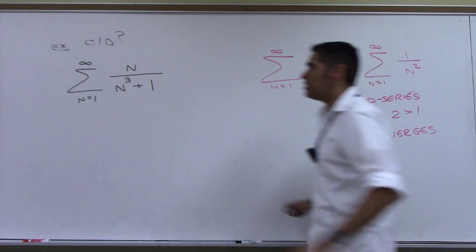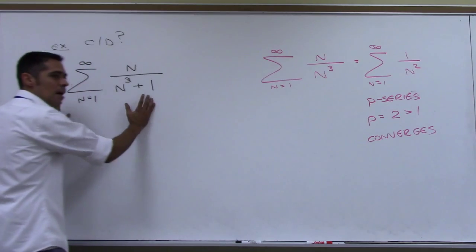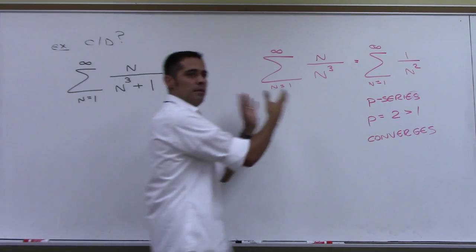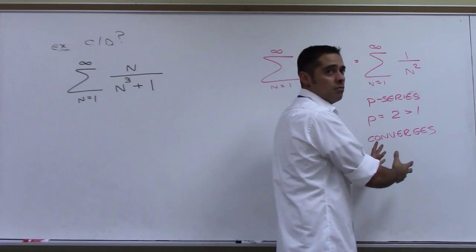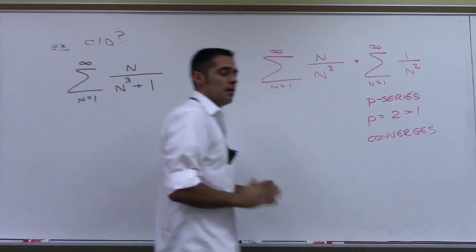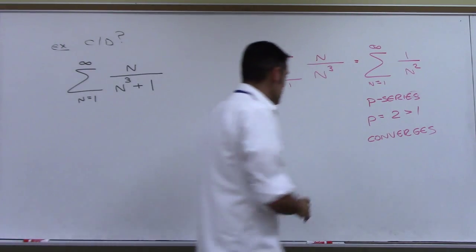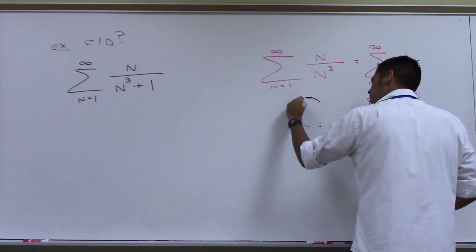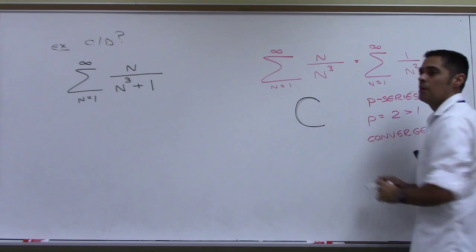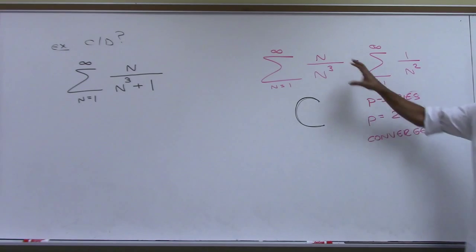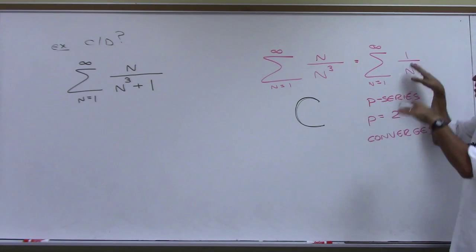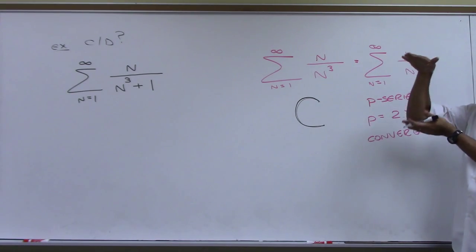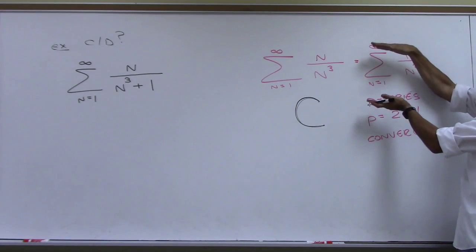Starting with the series that I don't really know what to do with, I realize it kind of looks like this one, which is something I do know, right? And I know it converges, right? Big C over here converges, right? So that means if I start stacking all these numbers on top of each other, it comes up to be finite, doesn't it? This stacks up to be finite.